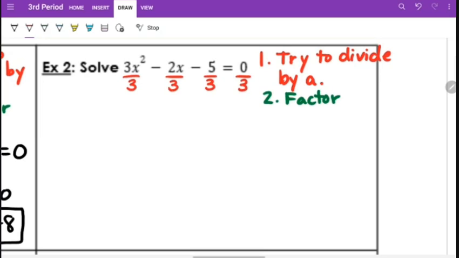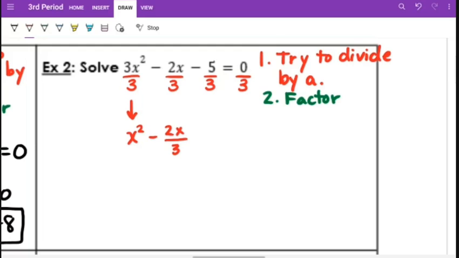If I divide both sides by a, my first term, 3 divided by 3, would just give me a 1x squared. But my second term, 2x over 3, does that simplify? If I actually take 2 divided by 3, you either end up with a fraction, 2/3, or you end up with a decimal, 0.66666.